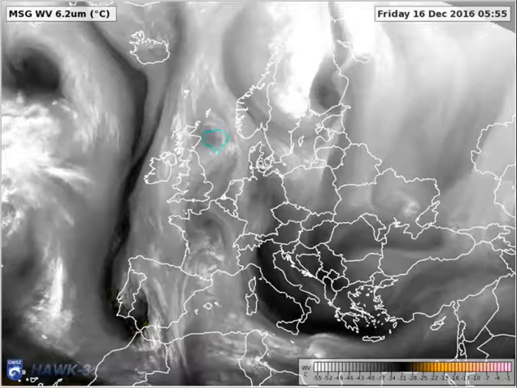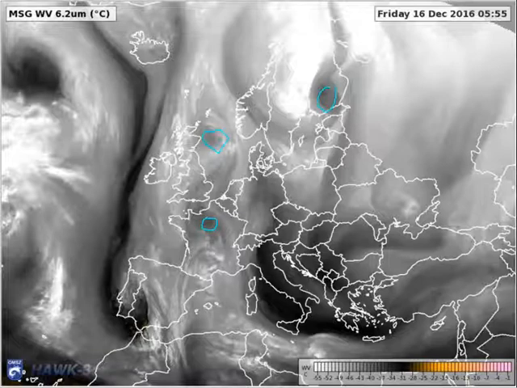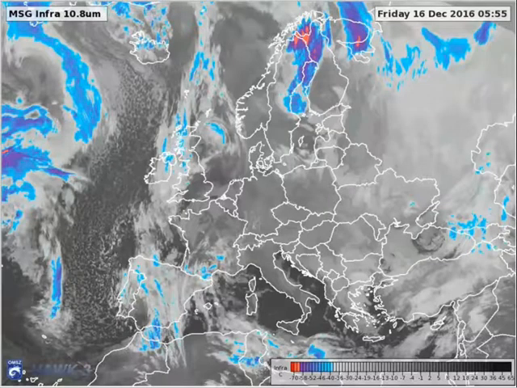We can see some vorticity maxima on the water vapor image. If we check the infrared image, we cannot see much middle and higher level clouds.